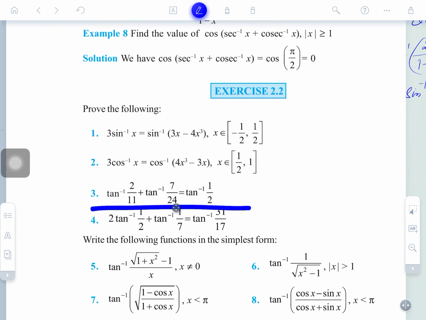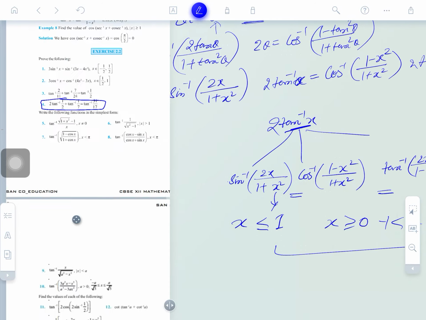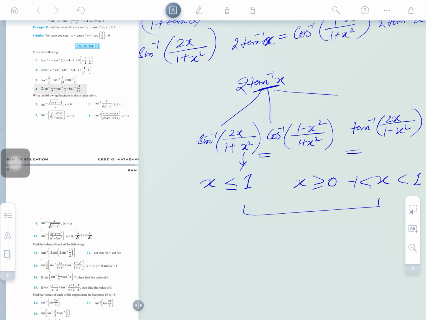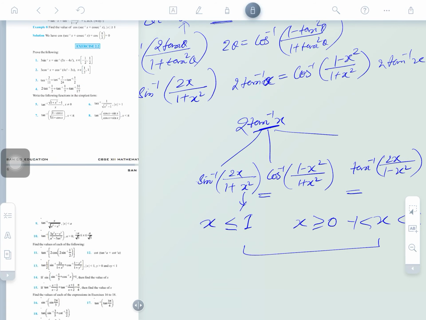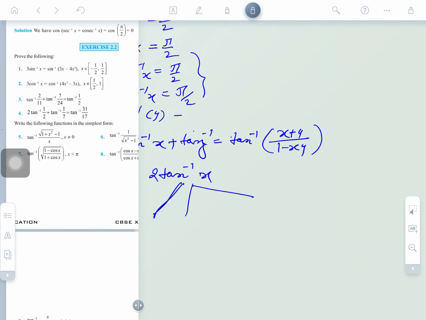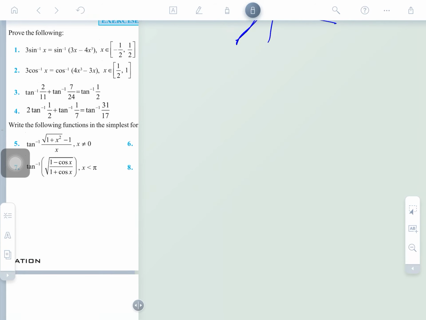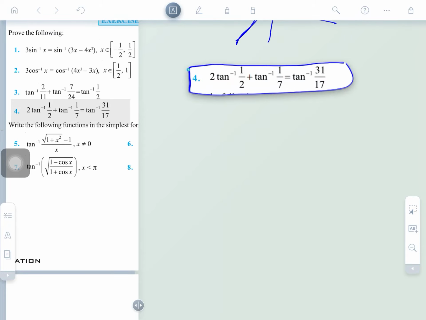Look at question number 4. What is the question actually saying?